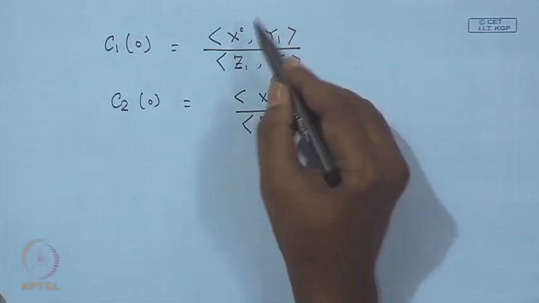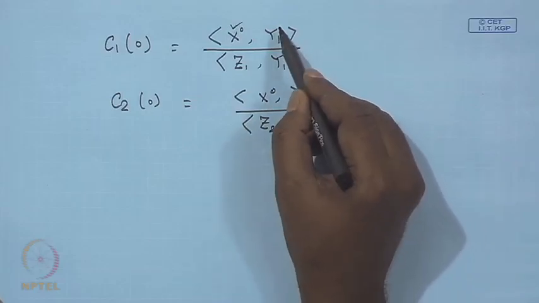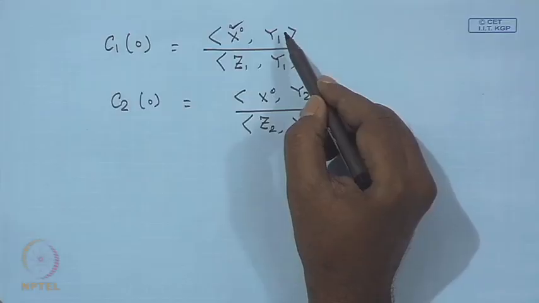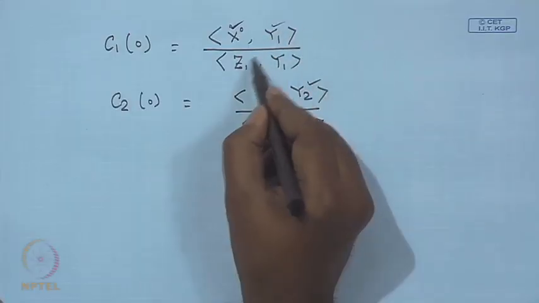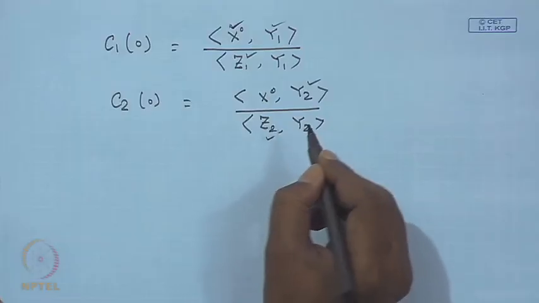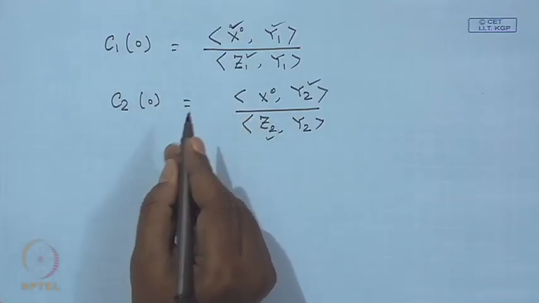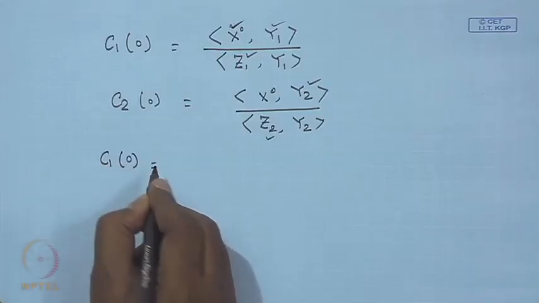We know the initial value vector, we know the eigenvectors of A transpose, and we know the eigenvectors of A. So, we will be in a position to compute C 1 and C 2.